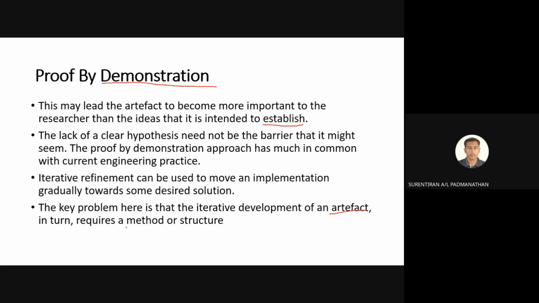Let's say for example, you just simply come out with an idea and also a product without knowing how it's actually working. It's working actually, but you don't know the theory behind that.